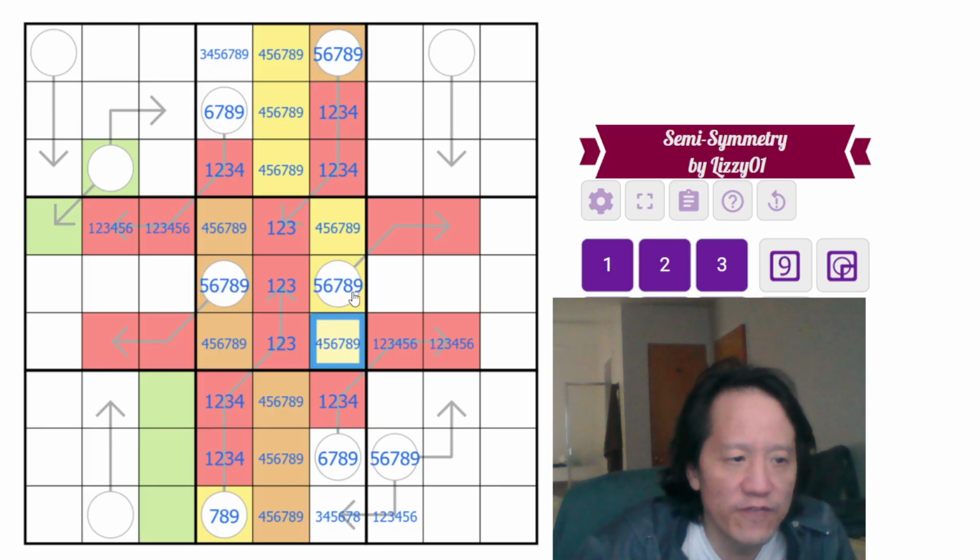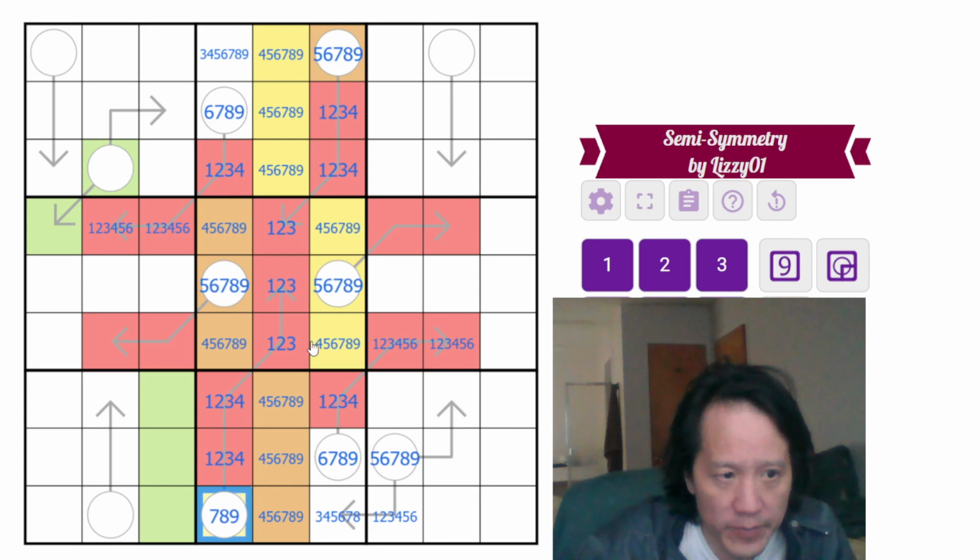Therefore, you can't have 5 and 6 on both of these circles here. Because that takes away all our degrees of freedom, because this becomes 8, 9, 8, 9, which means none of these can be 8 and 9.